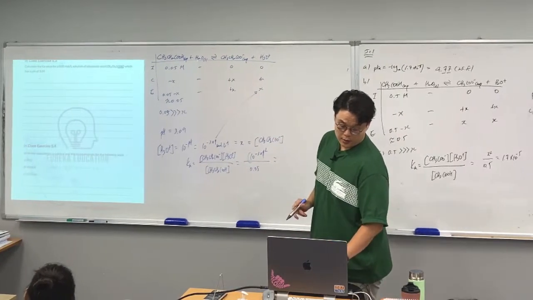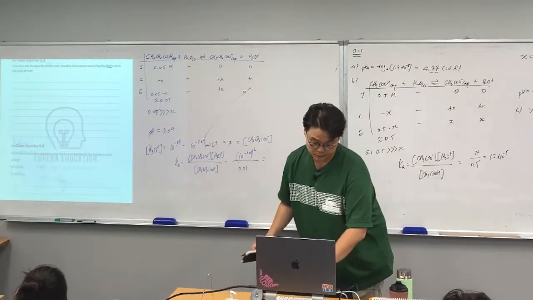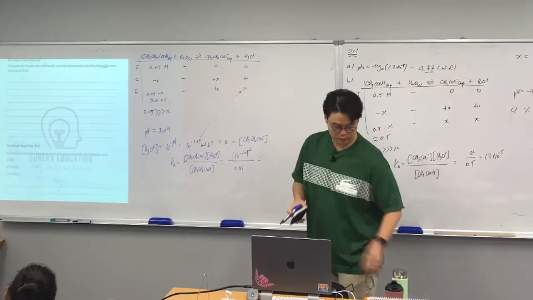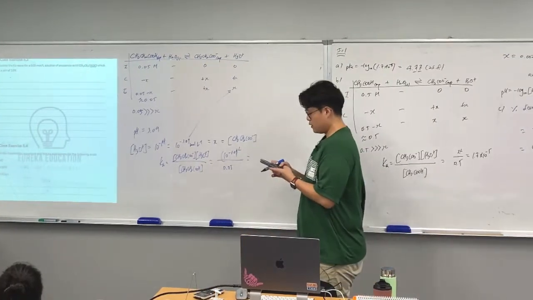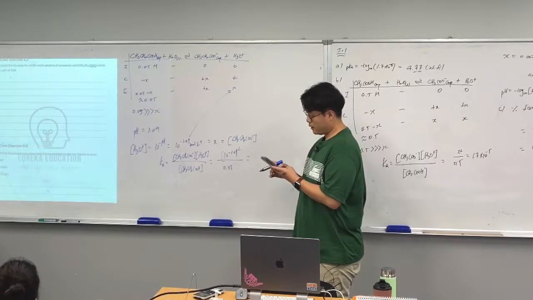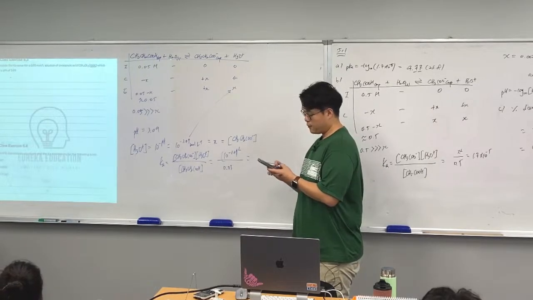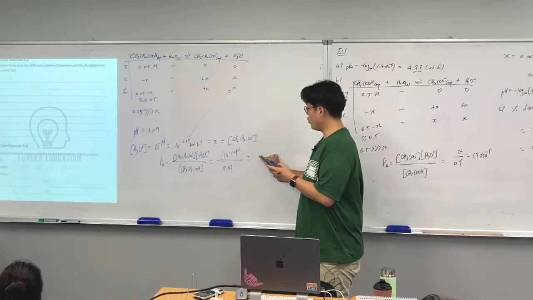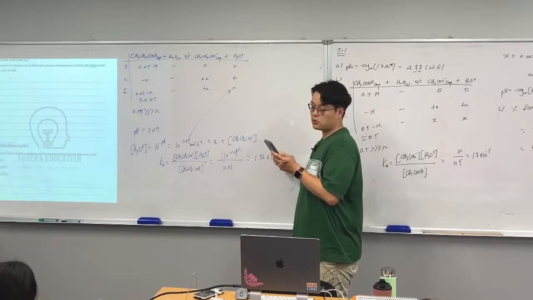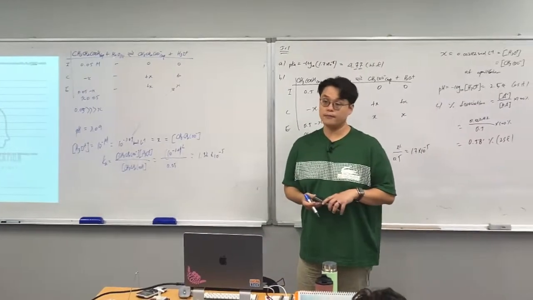Calculate it correctly, then you should get 10 to the power of minus 3.09, squared, divided by 0.05, and you should get 1.32 times 10 to the power of minus 5 for the Ka value.